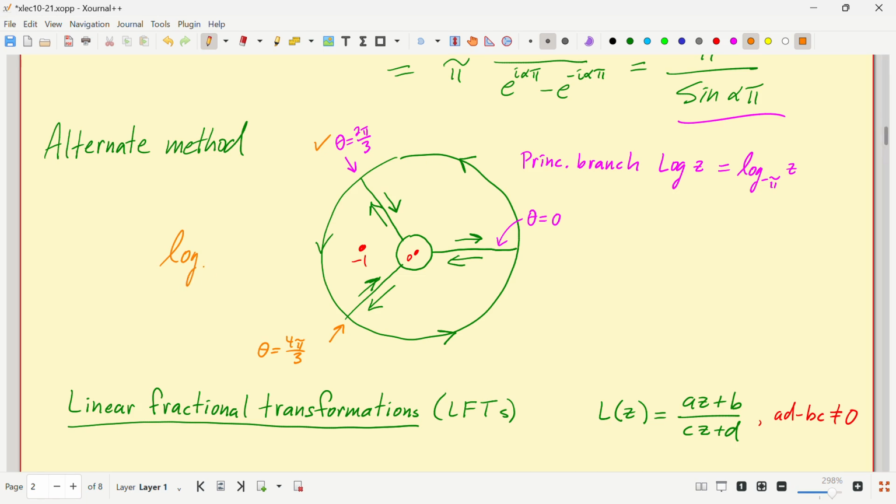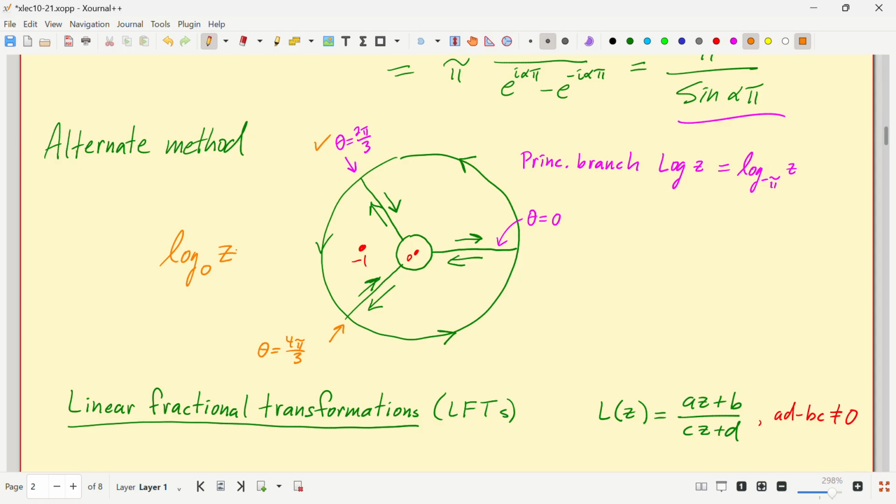Log 0 of z would work. And I'd use the Cauchy theorem on the first piece of the pie, but I have to use the residue theorem on the next piece of the pie.